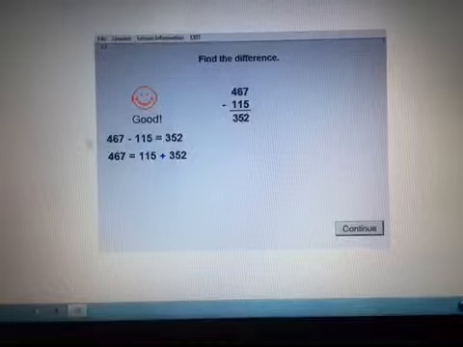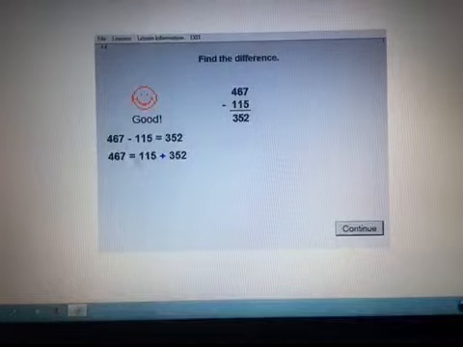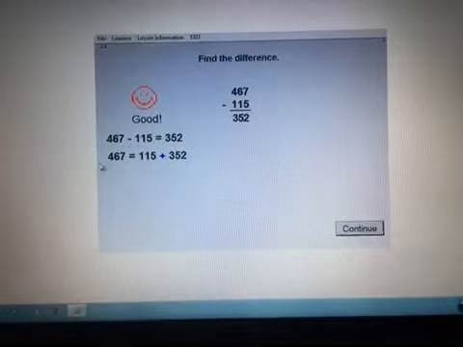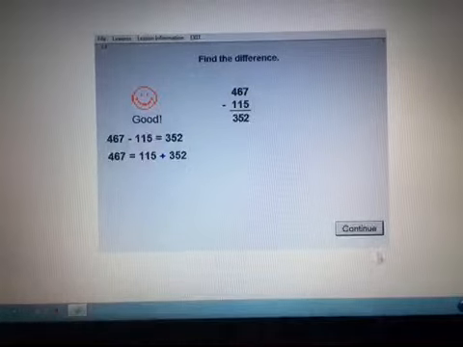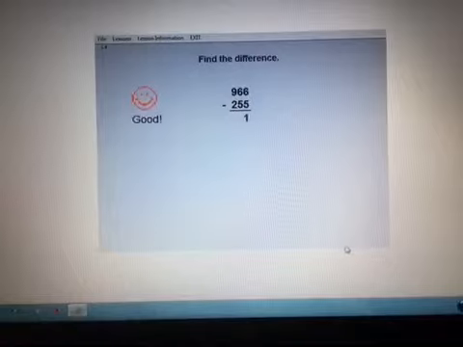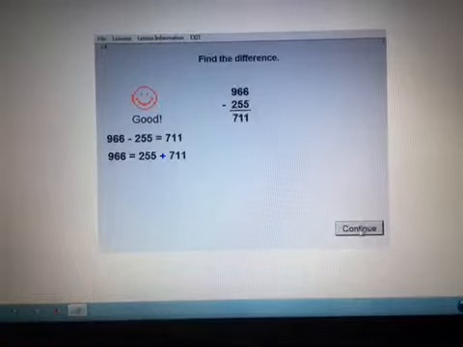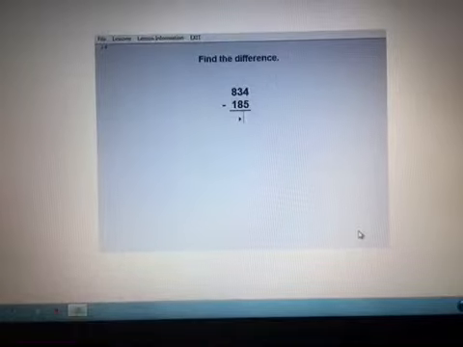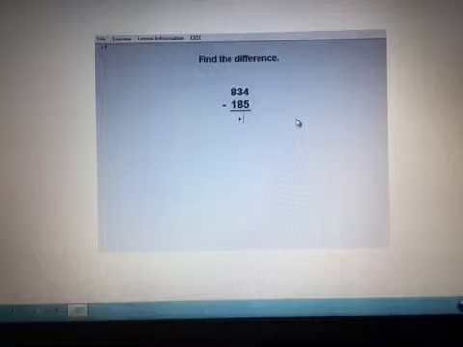And again, we get this nice demonstration of subtraction related to addition. And here we get a more complex problem.